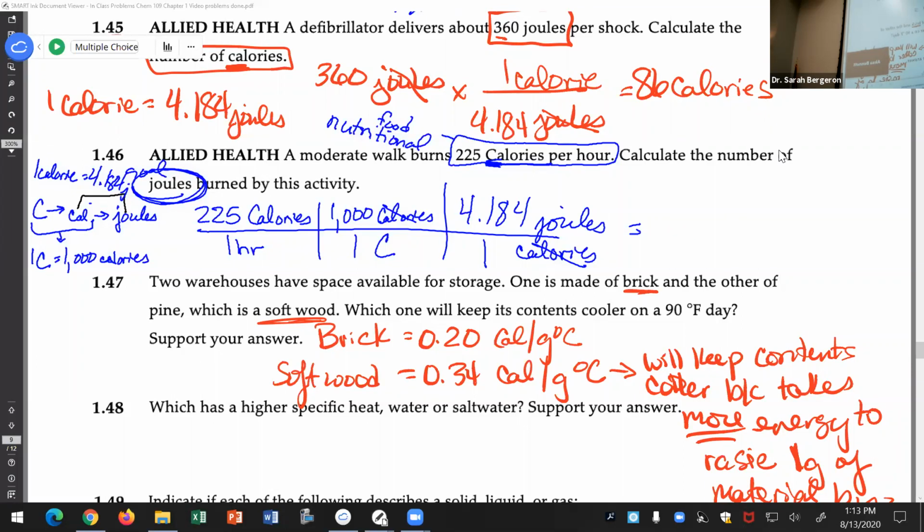So put into your calculator 225 times 1,000 times 4.184. What do you get? Nine zero? That's not what I got. I got 400.